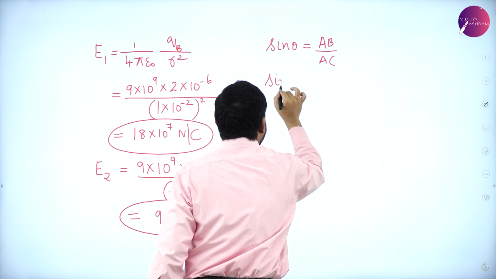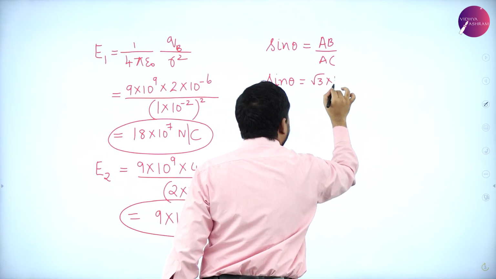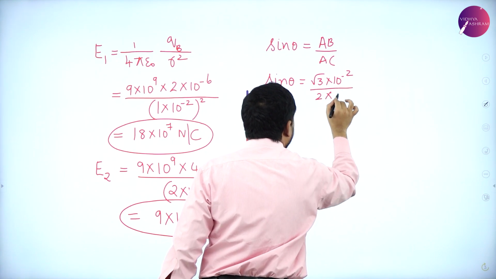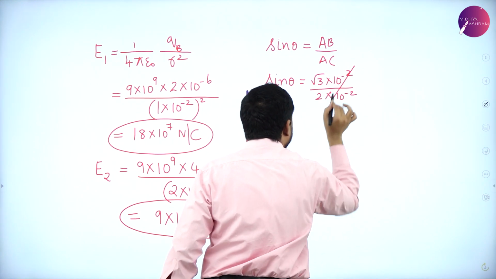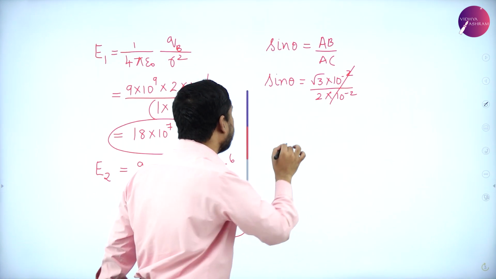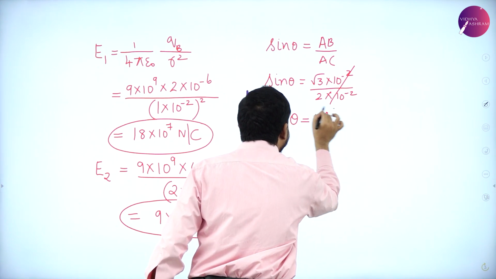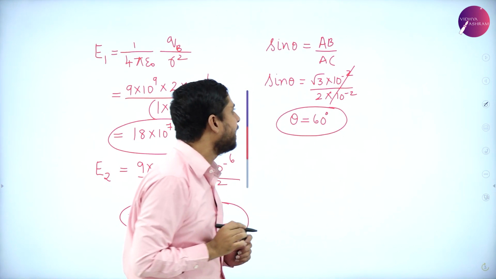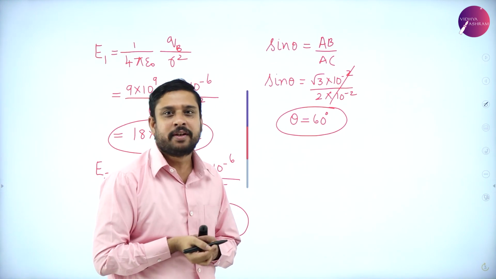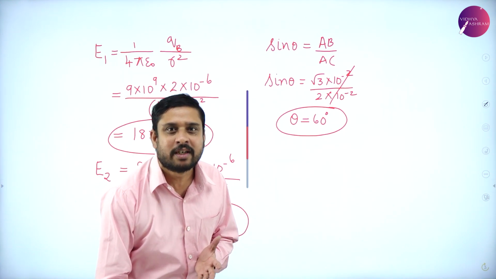So sin theta is root 3 into 10 power minus 2 by 2 into 10 power minus 2. Sin theta is root 3 by 2, which means theta is 60 degrees. So now theta is known. E1 and E2 are known.